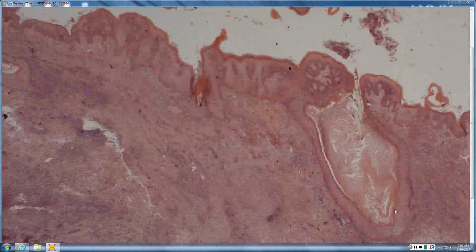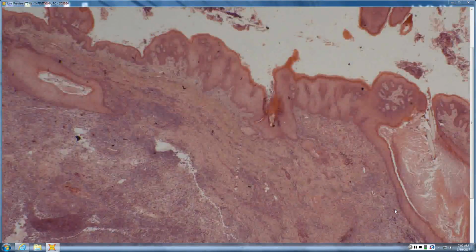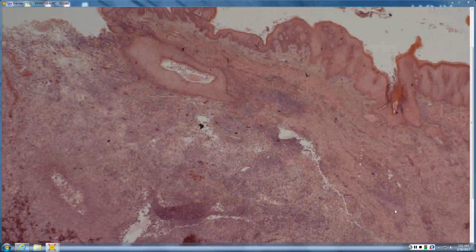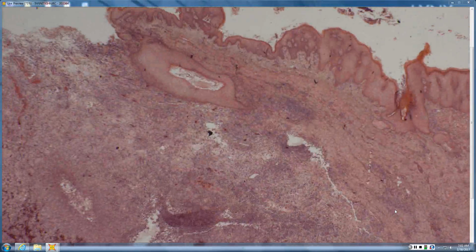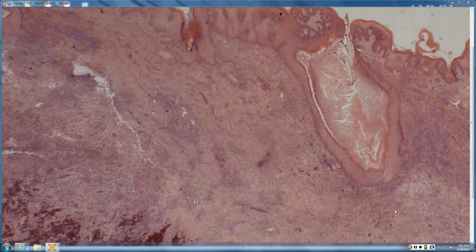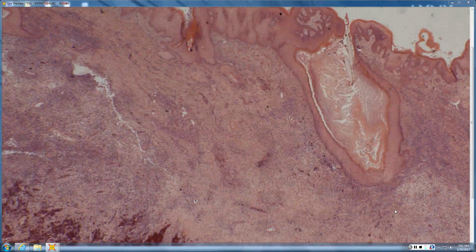But there is bacteria that plays a role, and so the point of this slide is really to show that, like acne keloidalis nuchae or some of these other conditions, they're not necessarily a true infectious entity, but they can look very, very infectious.